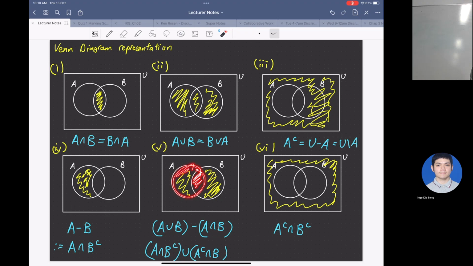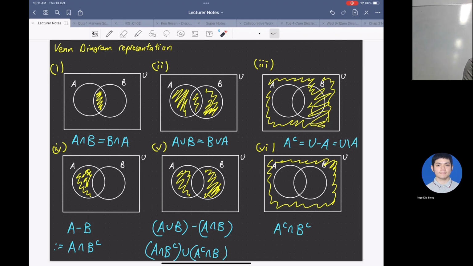A intersect with B complement. Okay. And union with B complement. Yeah. Okay. Sure.